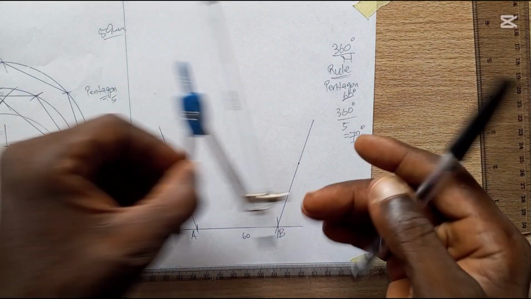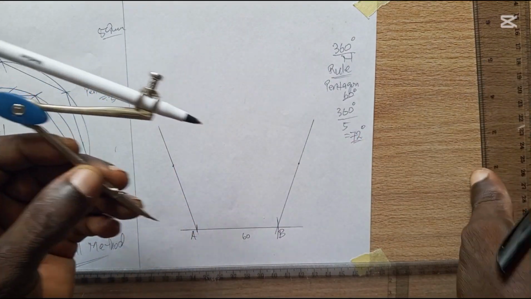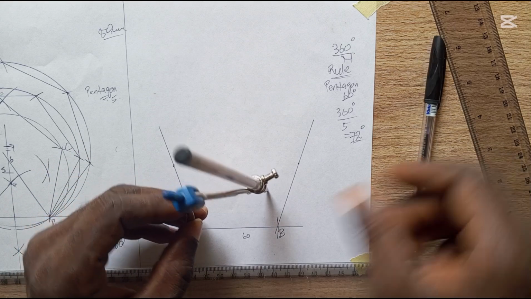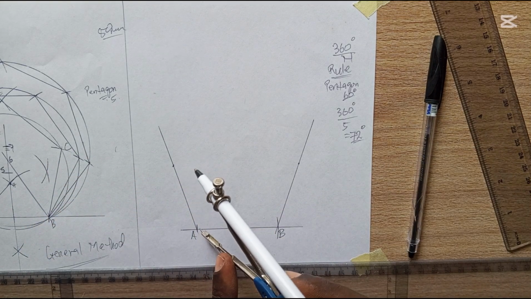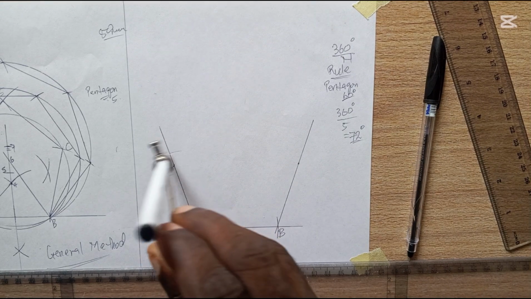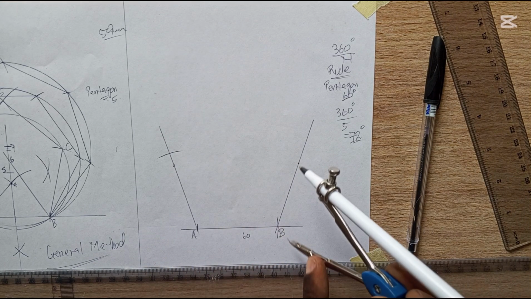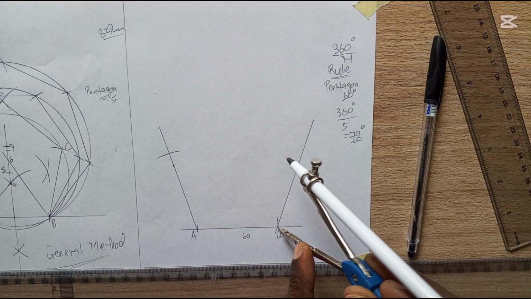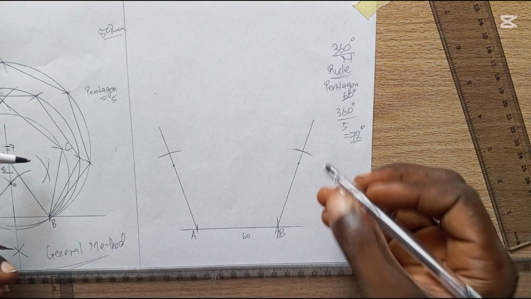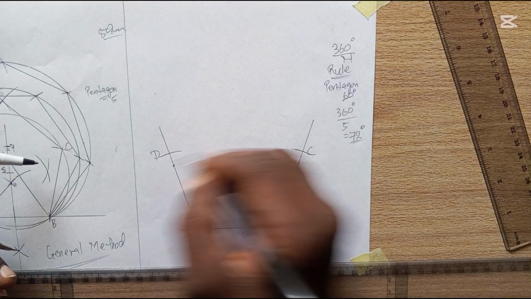Now my compass and my pencil or my pen I'm using is still indicating 60. So put it at A as center and then cut a mark here. You can see, cut a mark there. Put it at B. Cut the mark there. You may decide to call here C and D.